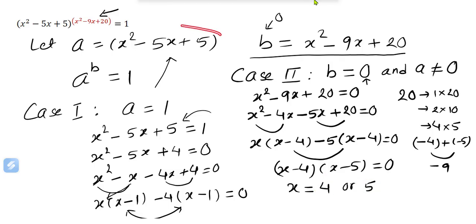So in this equation, we should check if x is 4 and 5, will this give 0 or not? Let's check that.